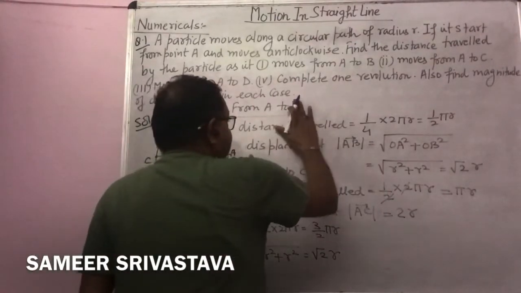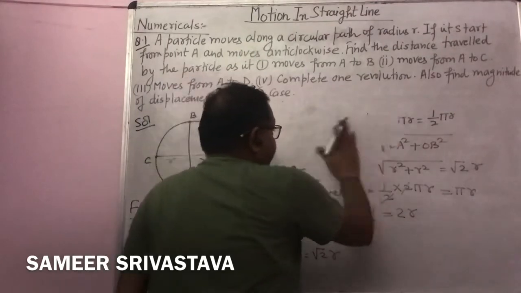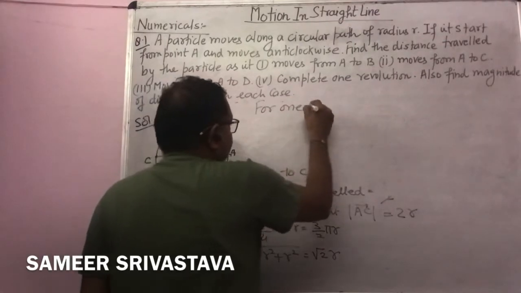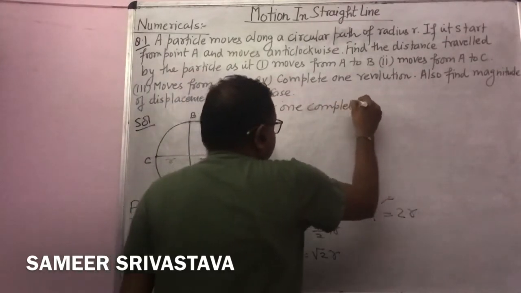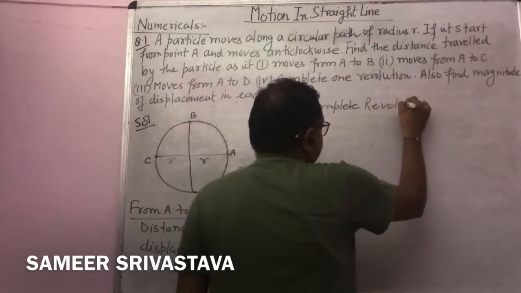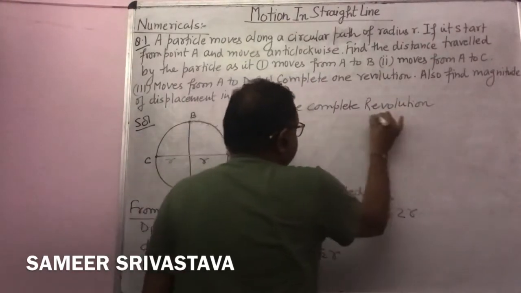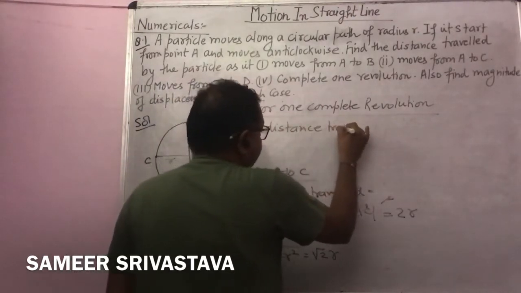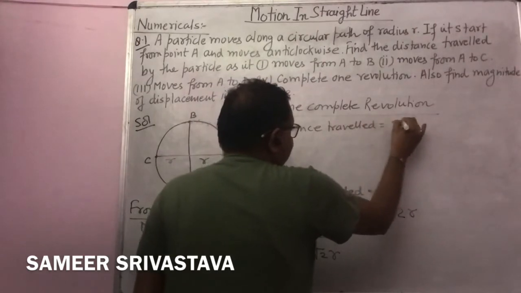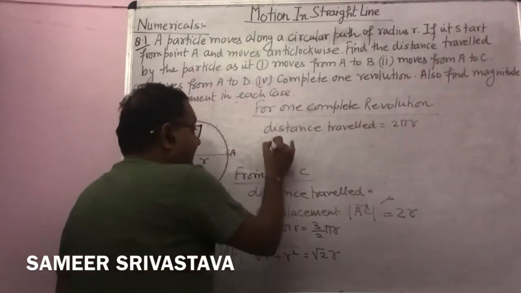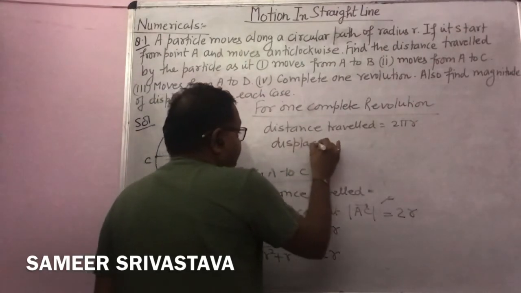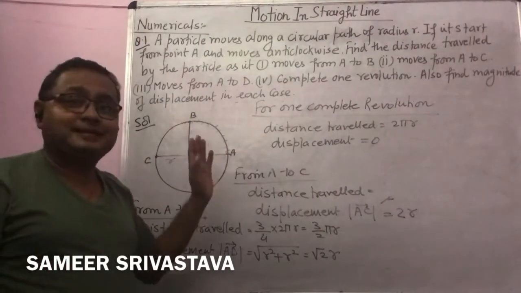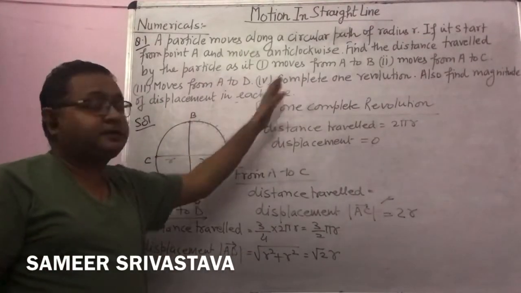So for one complete revolution, the distance is 2 pi r because one revolution is complete, and displacement becomes 0 because the particle reaches its original position, the same position. So this is the solution for the given 4 cases.